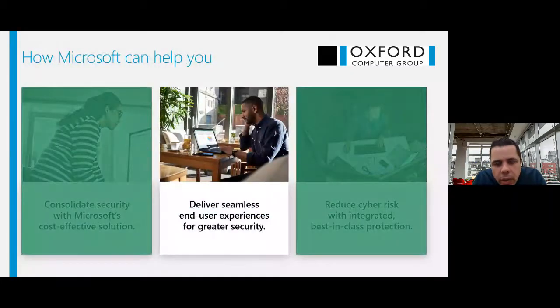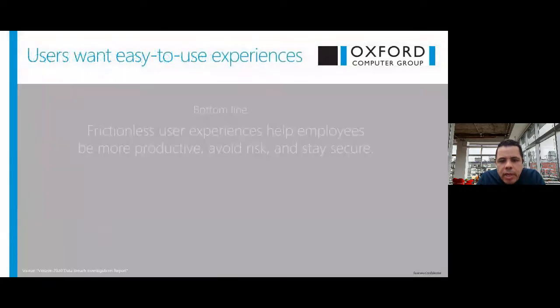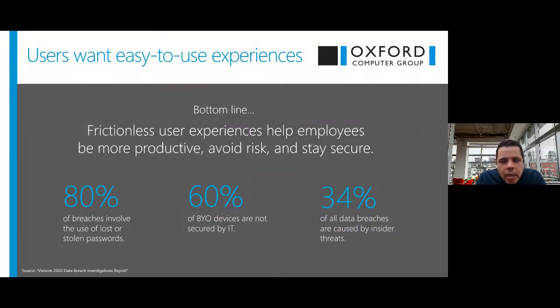So that was the first area. We'll move into our second area of the benefits of consolidation, and that's providing and delivering a seamless end user experience and achieving greater security. Bottom line is, of course, this year, and really it didn't start this year, I think it accelerated this year with the pandemic, but we've been helping organizations make their move to the cloud and their digital transformation for the past 4 years at least.